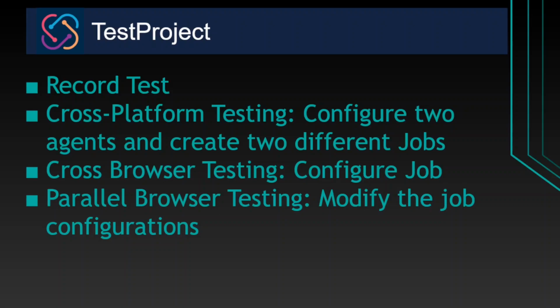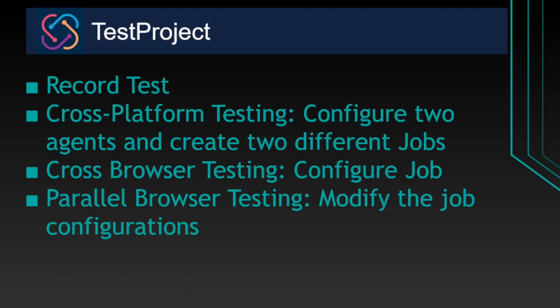And also I'm going to teach you how to perform parallel browser testing. That means you can perform multi browser or cross browser testing in series or in parallel. When I execute test scripts in multiple browsers, the test case execution starts at the same time in all browsers together, which saves a lot of time in the execution.